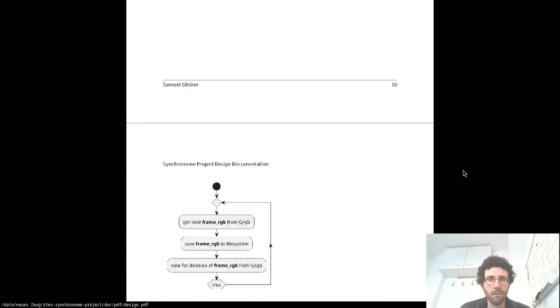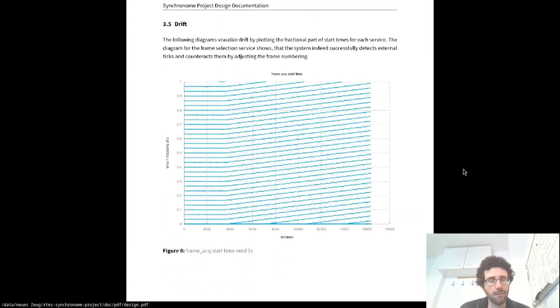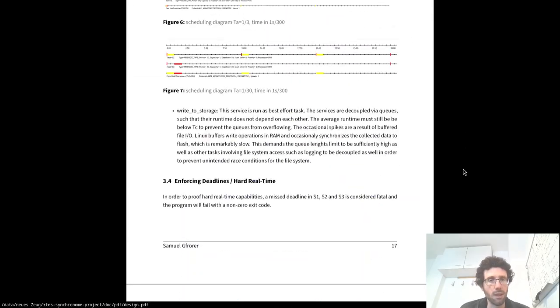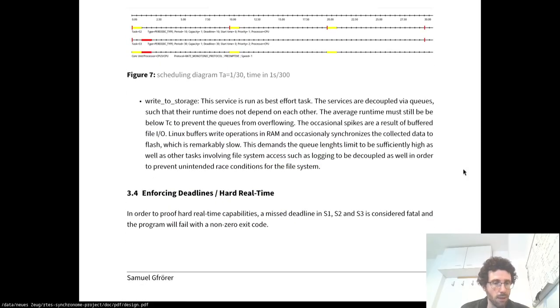And then, additionally to the arguments given here, there's an additional measure taken to prove that the services always meet their deadlines.